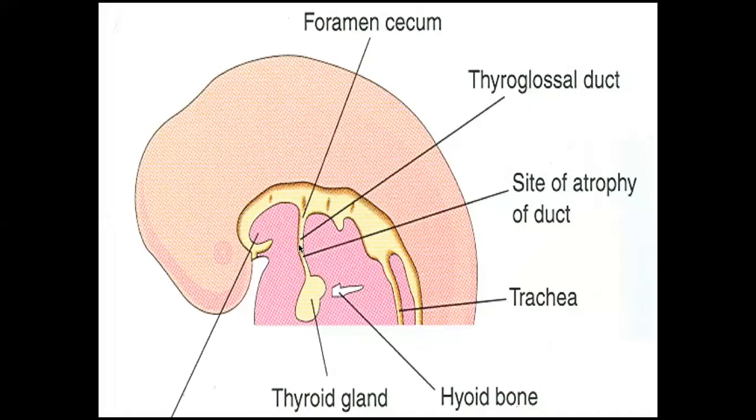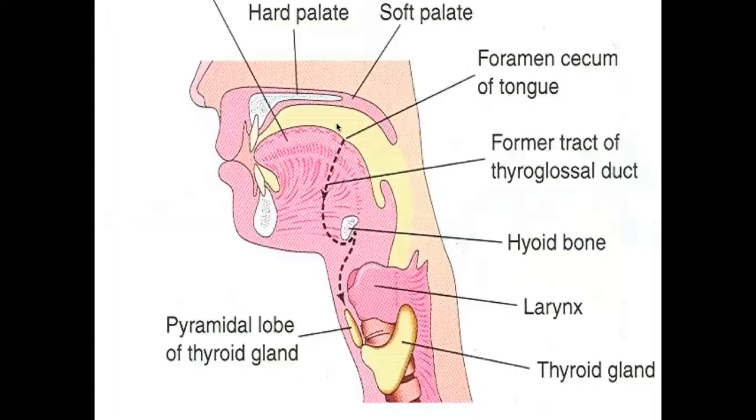Initially the thyroglossal duct is patent. You can see that there is a cavity present between the thyroid gland and the tongue, oral cavity. Later on what happens? This will be completely closed. See here now, the thyroid came downwards and slowly the thyroglossal duct becomes completely closed.